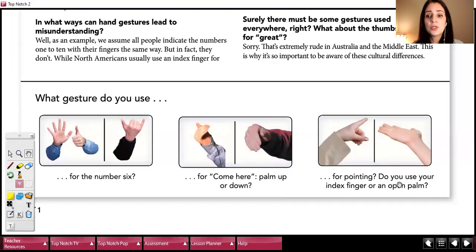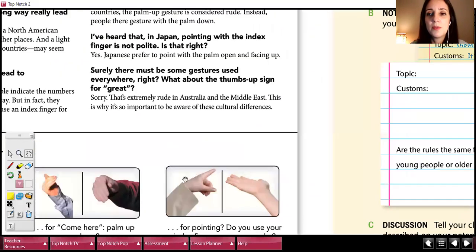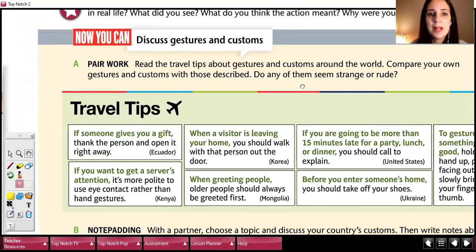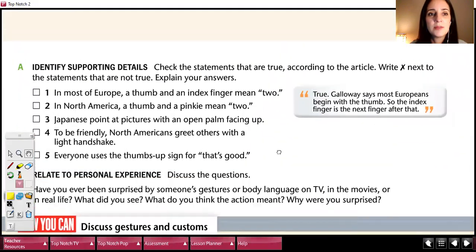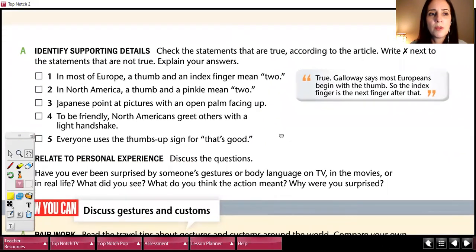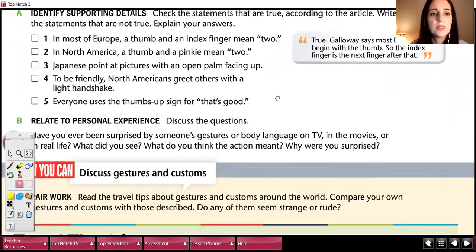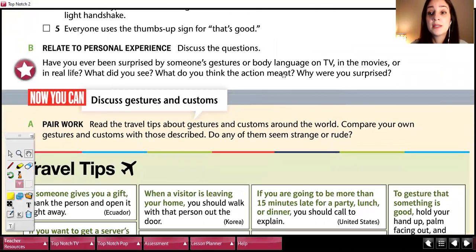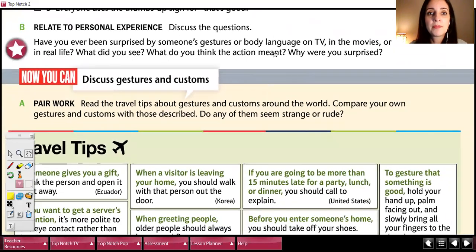Pointing, to use your index finger or an open palm. So some customs around the world. Moving on, let's talk about these now. These are just some supporting details about the reading. No worries about doing this right now. We've explored the reading already.